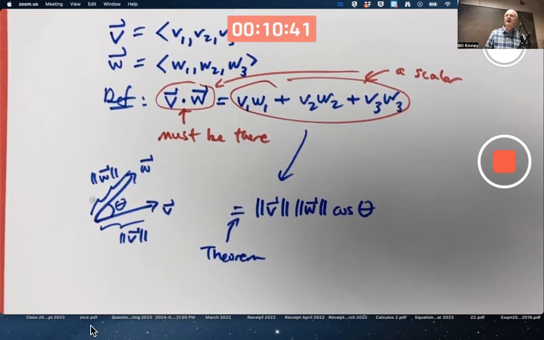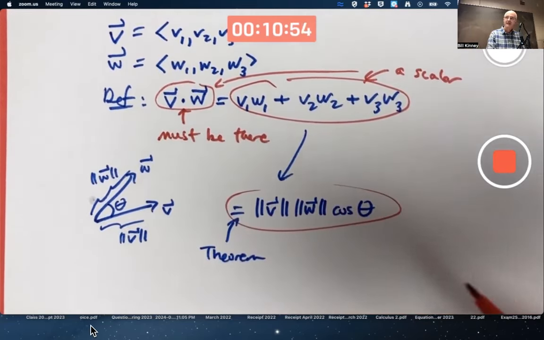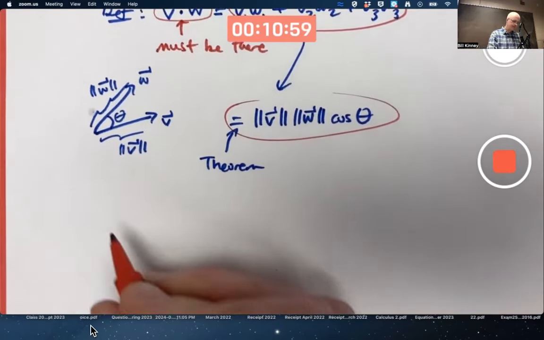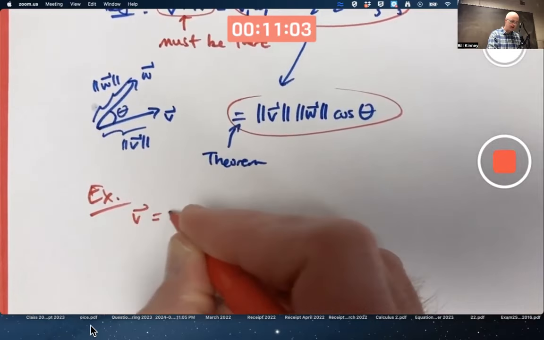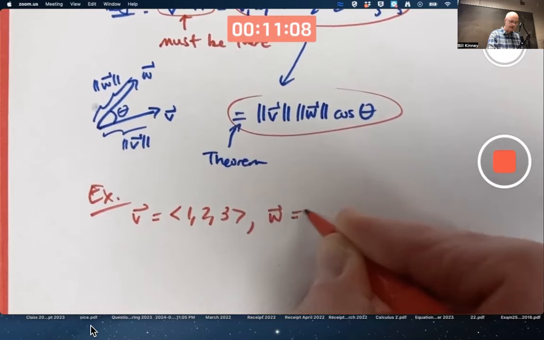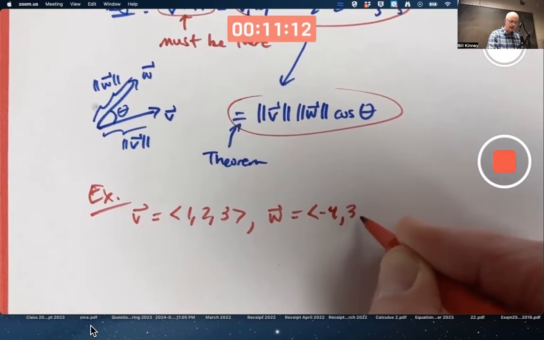For the moment, before we talk about those properties, how do you use this? What's it good for? One thing it's good for is finding angles between vectors, because you can effectively take the equality of these things and solve for theta. So, for example, if V is the three-dimensional vector 1, 2, 3, and W is -4, 3, -2.